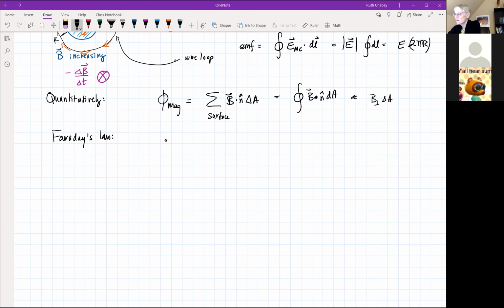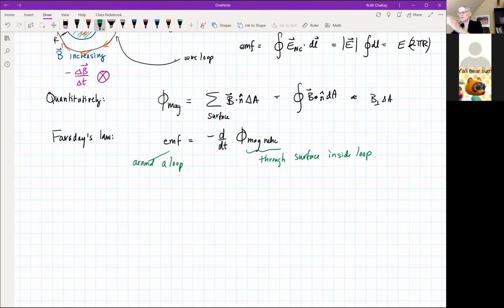And it says that the EMF is equal to the negative rate of change of the magnetic flux, where this is EMF around a loop, and this is through the surface inside the loop.